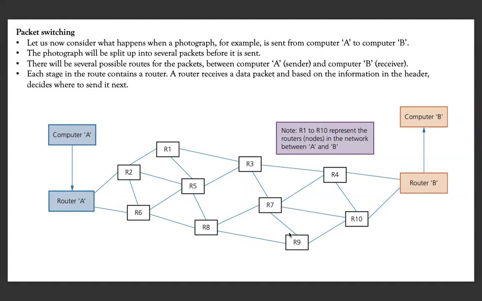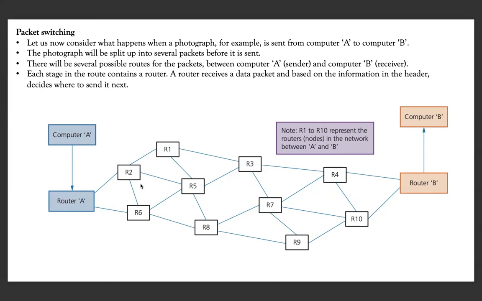So if a packet reaches, say, this router over here, this router will analyze the IP addresses mentioned in the header of that packet, and from there onwards, it will determine which router it should forward it to.